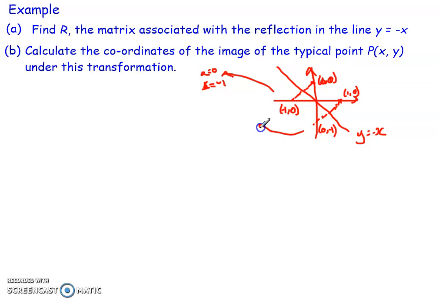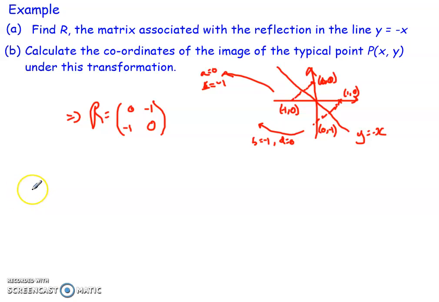Using this point here, my B is equal to -1, and D is equal to 0 because of this transformation. So my transformation matrix R is given by (0 -1; -1 0). That will be the matrix associated with reflecting any point in the y equals negative x line.